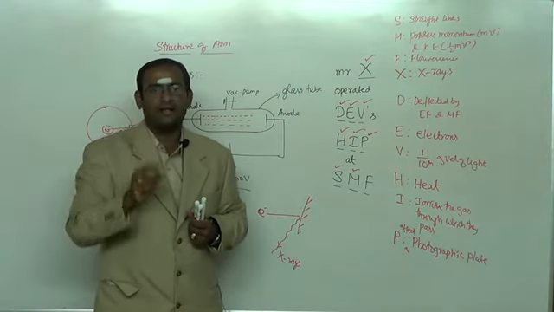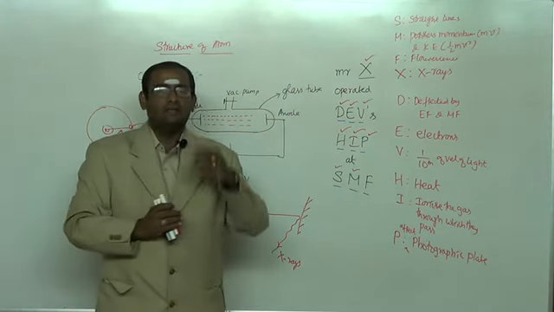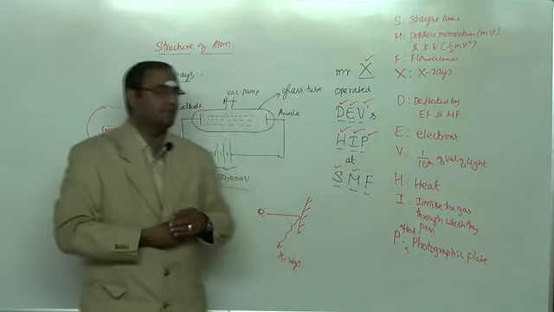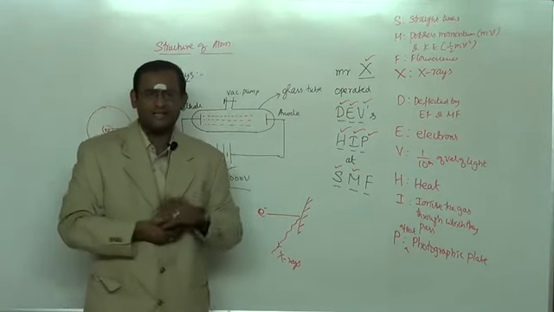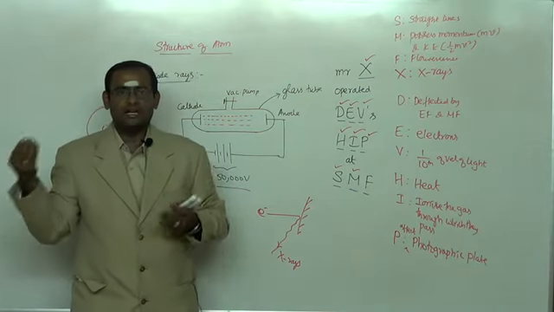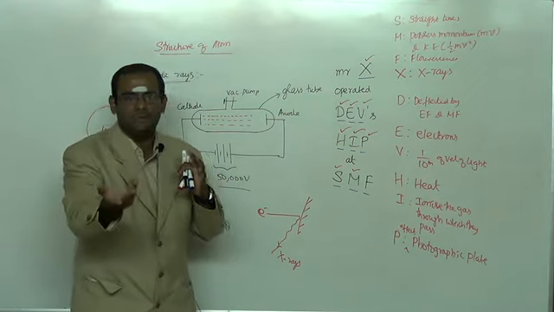That spot we call scintillation. The effect is called scintillation. That scintillation is because of the property called fluorescence. Therefore, what exactly is fluorescence? Whenever a high energy system comes in contact with matter, the high energy gets converted to visible energy.